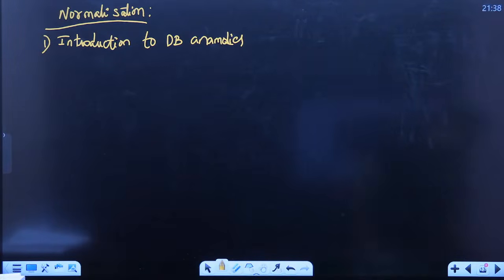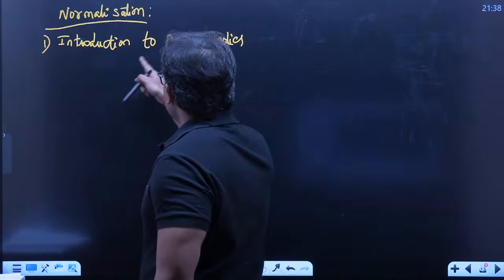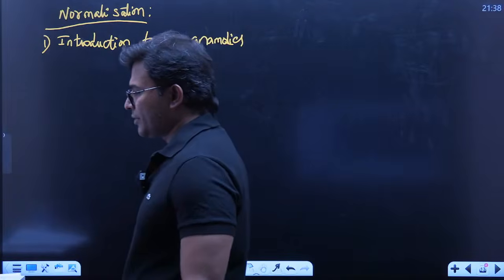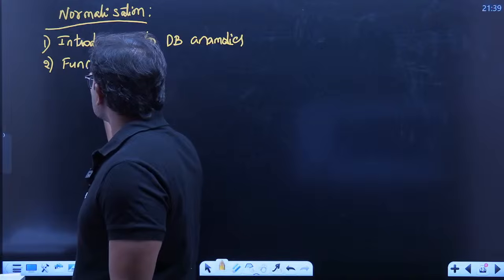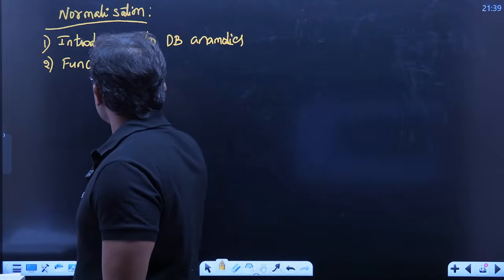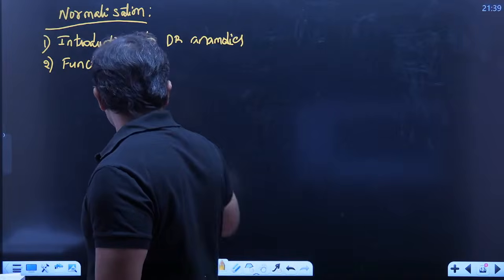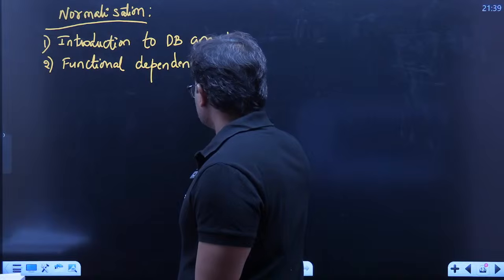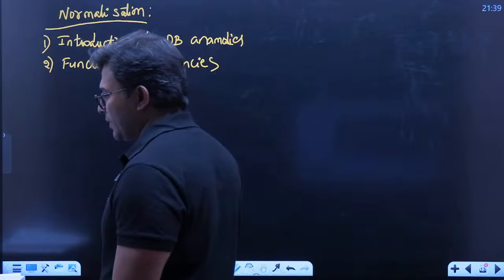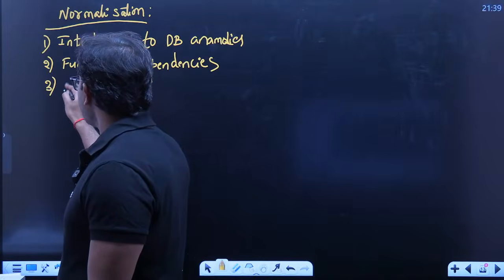What are the things that we are going to discuss in normalization? Introduction to database anomalies. Okay. And second one is functional dependencies. We are going to look at functional dependencies, right? And then we are going to discuss attribute closure.